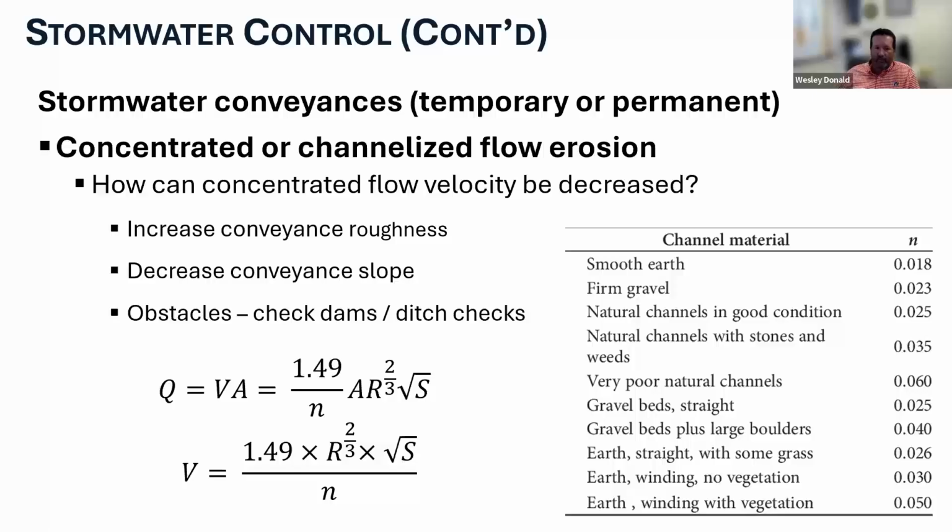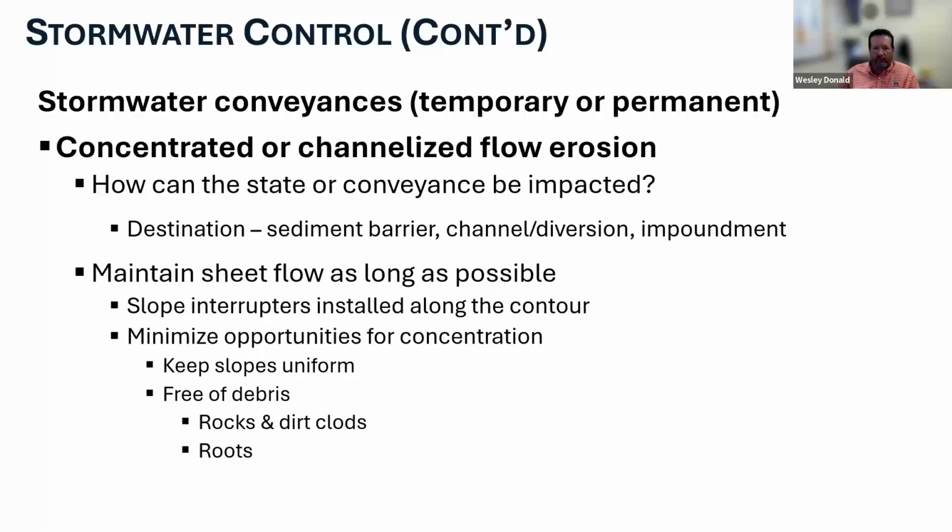That n on the bottom, from a velocity standpoint, means the larger the n is, the lower the velocity is going to be. We decrease the slope. As we decrease slope, if we get slope to zero, velocity goes to zero. And then we can put obstacles in the way, check dams and things of that nature, to reduce velocity.